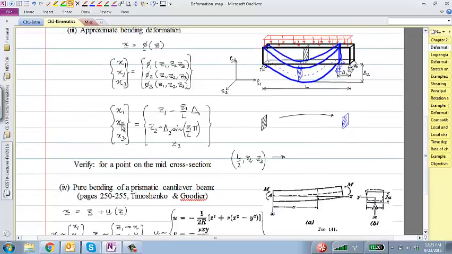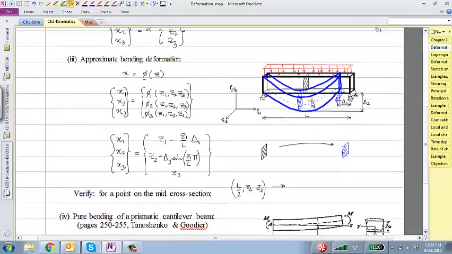x2, that is the displacement in the y direction. We want something that goes to 0 at z1 equal to 0 and 0 at z1 equal to L, and in the middle it should have the maximum displacement. So sine, this does look like a negative of a sine function, correct?